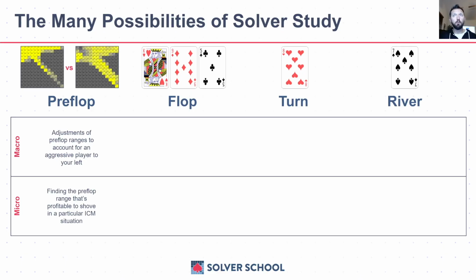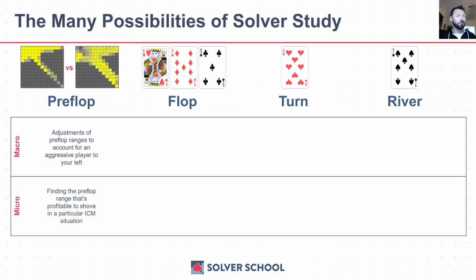Starting at the macro level, we might use solvers to try to find adjustments of our own preflop ranges to potentially account for aggressive players to our left. We've all been in that game where we keep getting 3-bet from a player to our left, or every single time that we happen to call a hand from another player's open, we get squeezed by a player to our left.